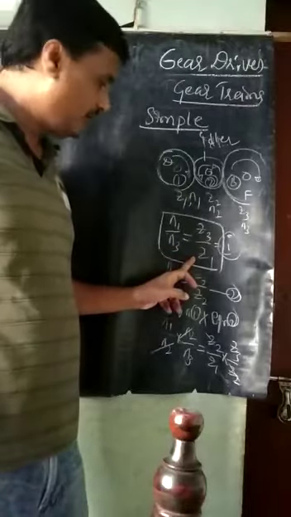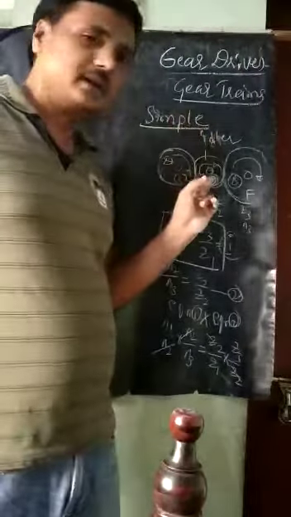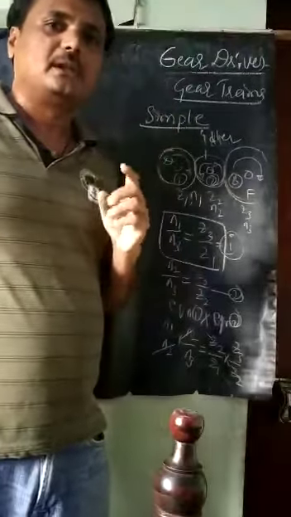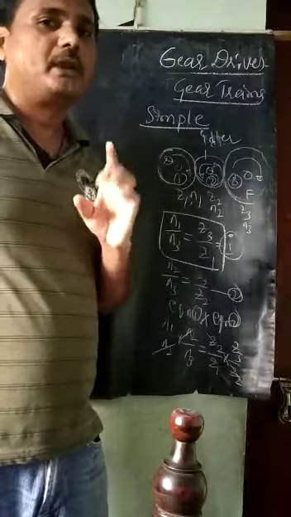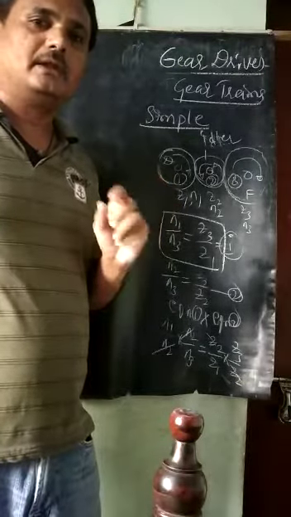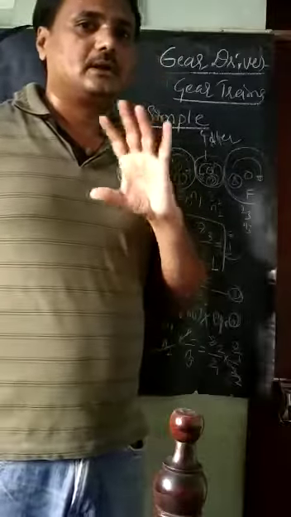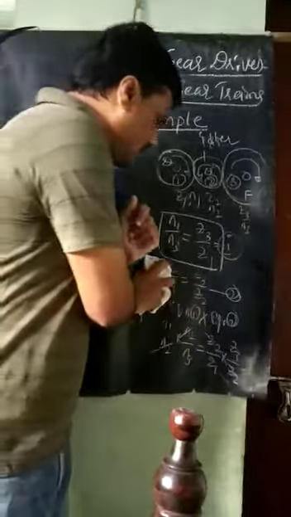So in the case of the simple gear train, the velocity ratio depends on the number of teeth and the speed of the driver and follower. It doesn't depend on the speed or teeth of the idler gears. So this is the velocity ratio.